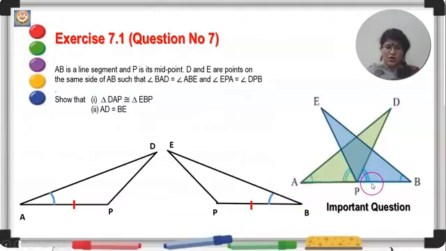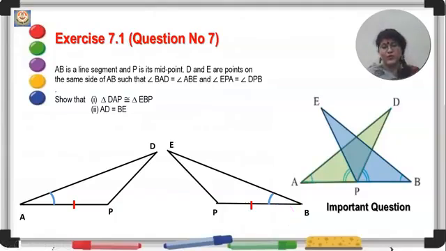These two angles are congruent, but these two angles are not an element of this triangle. Because if you look at this angle, it is EPA and this angle is DPB. DPB you don't have out here, right?